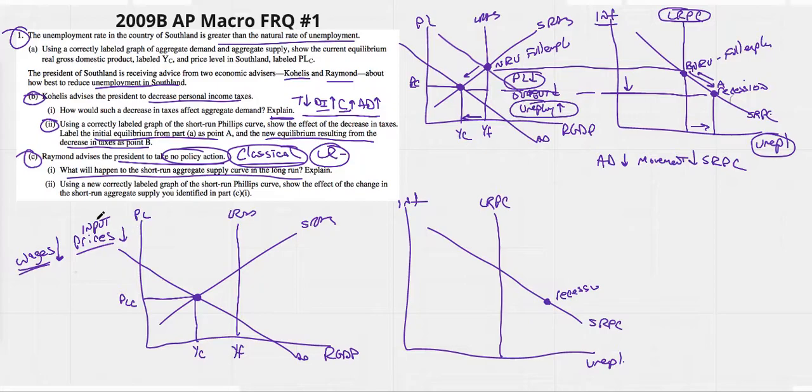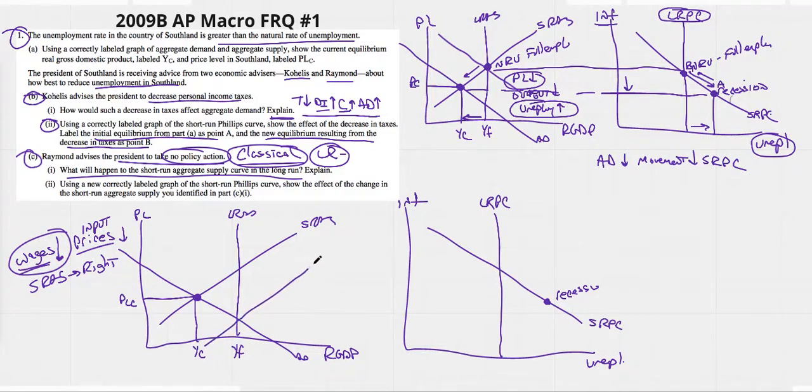And you have to talk about both of these. Remember, classical view thinks wages and prices are flexible. They will change. They will decrease here. Input prices specifically. So if wages go down, your short run aggregate supply curve shifts to the right.